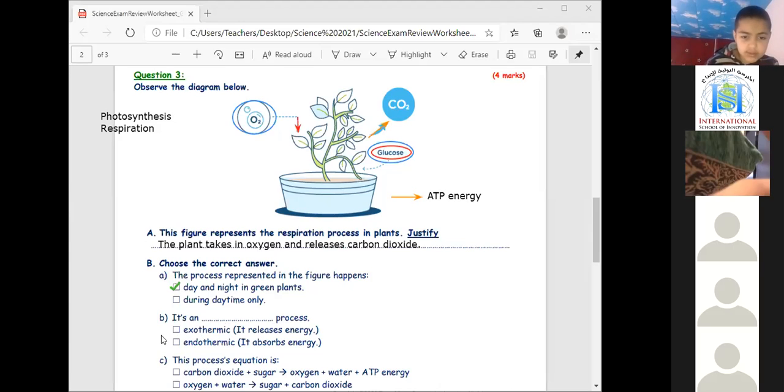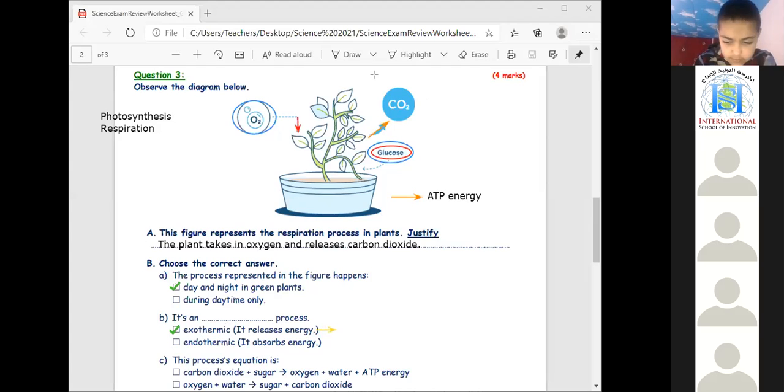It releases energy. Which energy does this process give? ATP energy. So plants go through respiration to make the ATP energy needed to make different things.